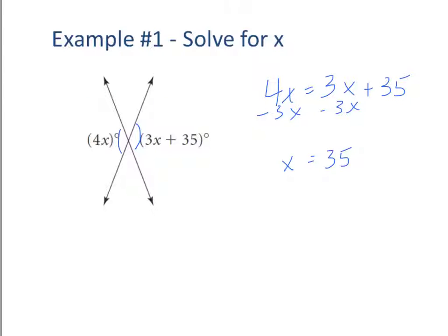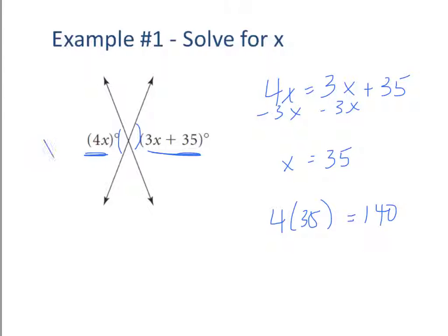Now, it doesn't really ask for what the angles equal, but if I plug that back into the equation, I'm going to stick 35 in either 4x or 3x plus 35. It won't matter, because they're both equal. If I plug it back into the 4x, 4 times 35 would be 140.